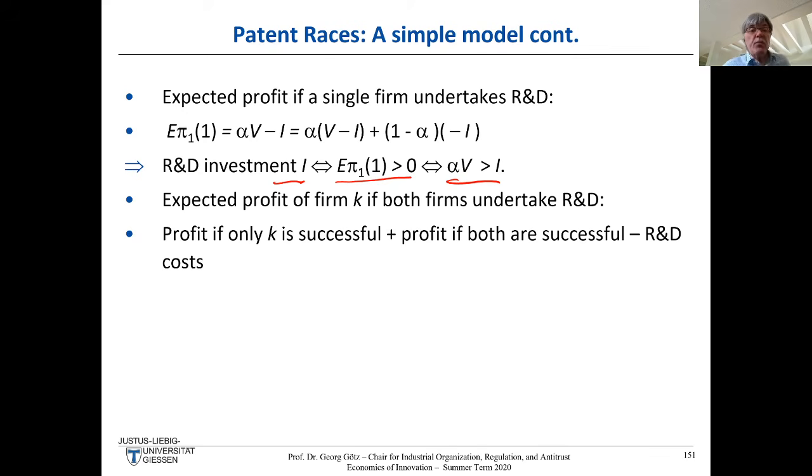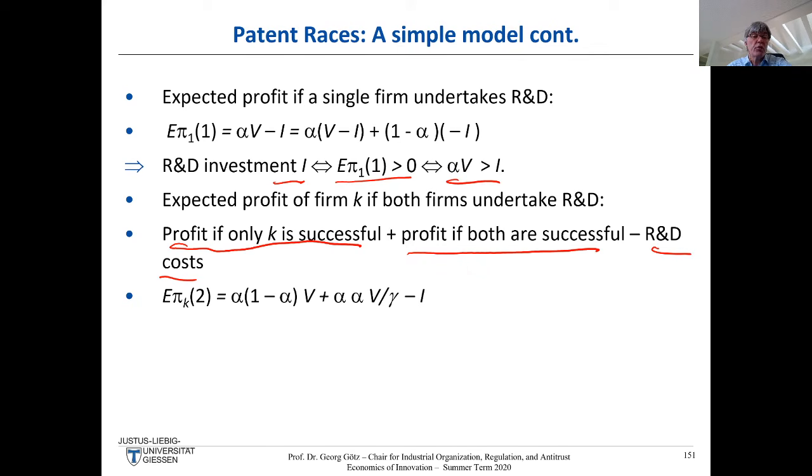And what is the expected profit then of firm K? If only firm 1 is successful and firm 2 not, it gets V. If both are successful, it gets V over gamma. And if the other is successful but you're not, it gets 0. And finally, it always has to pay the cost.